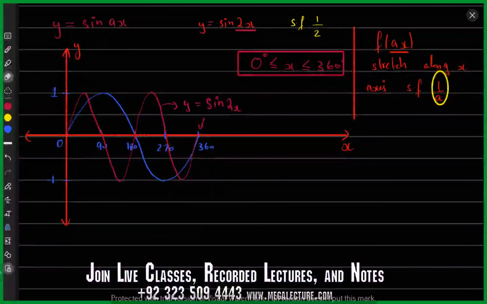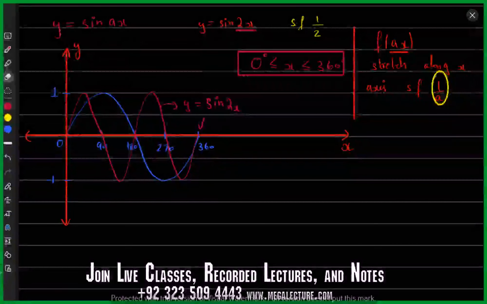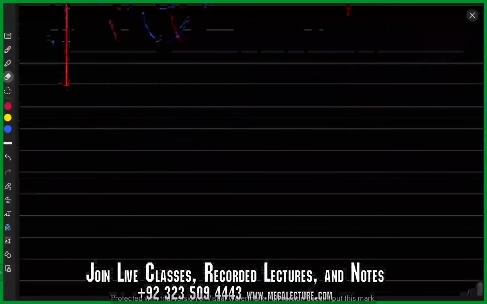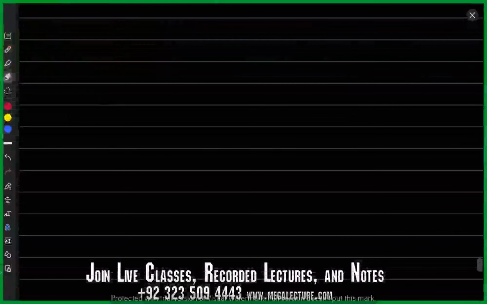Perfect. This was just about some transformation in the function directly, like when we were multiplying, we have basically stretched. We have already discussed stretches in the past as well. Now we know that we have several types of transformations. Now this is for you guys, a quick question.